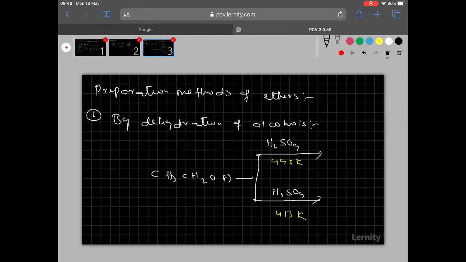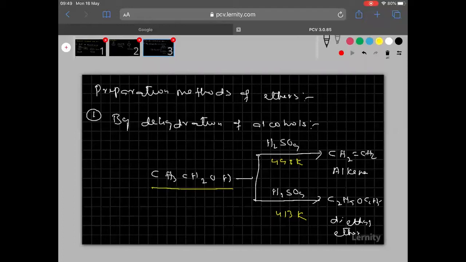So in the first case the product formed is CH2 double bonded CH2. I think you know this is an alkene. What is the name of that alkene? Ethene. And at the lower temperature, 413 Kelvin, what is the product formed? C2H5OC2H5. What is this? Diethyl ether. Remember, in both cases the reactant is the same, the reagent is also the same, but the only thing that differs is the temperature.